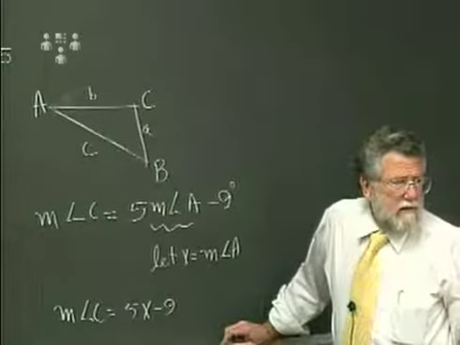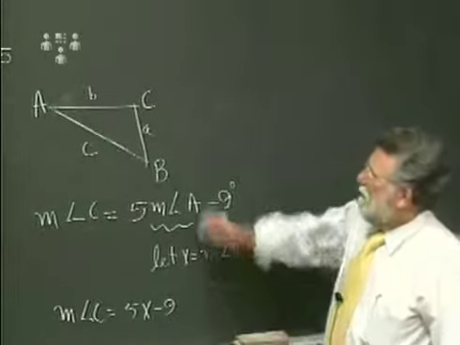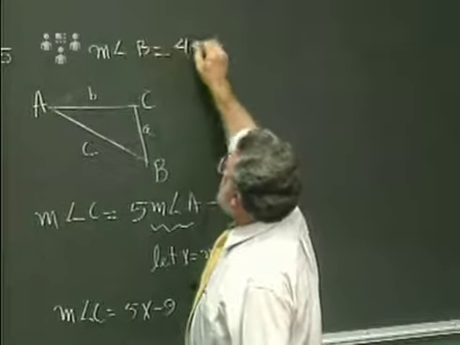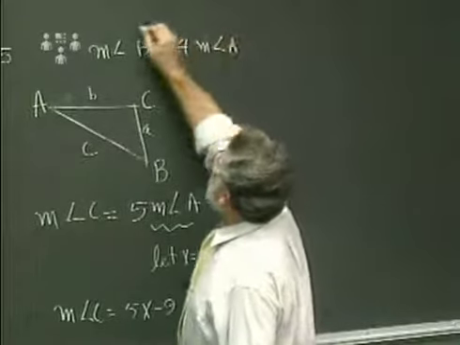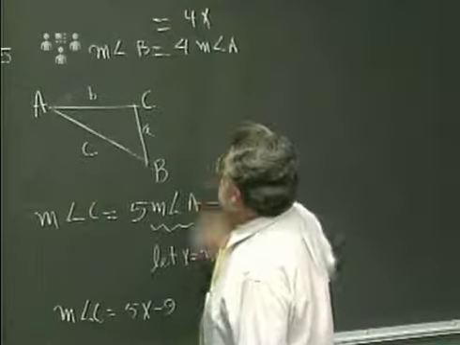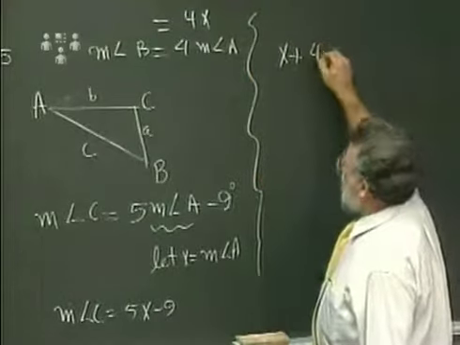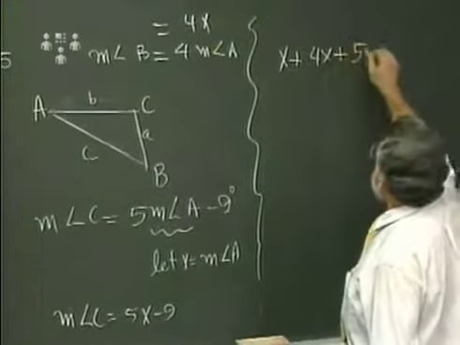Angle B is 4 times angle A. So the measure of angle B is 4x. If I take all that together, x plus 4x plus 5x minus 9 must be 180.